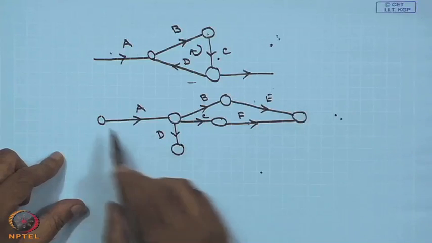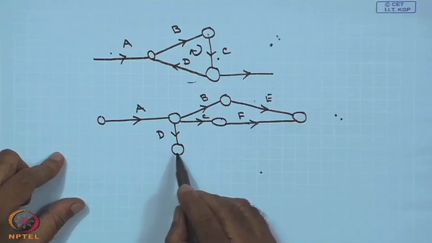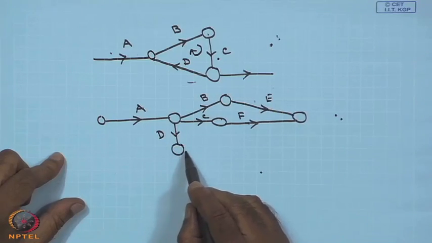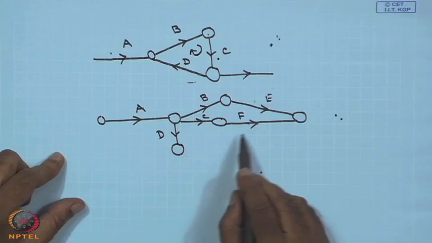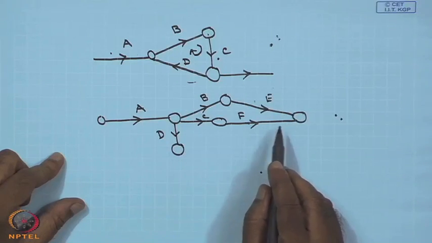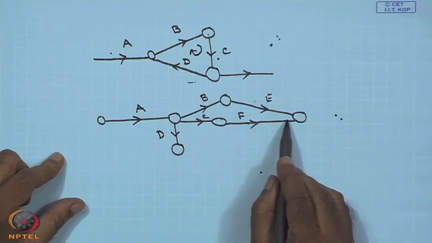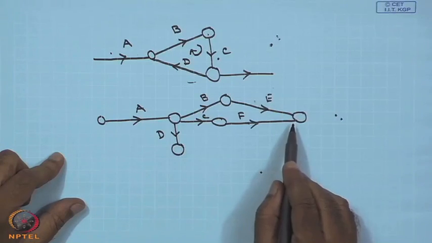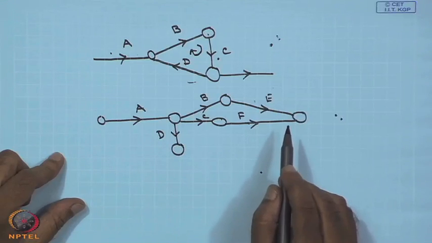In this network, this is the starting node, this is the ending node. If you see properly, you will find that this particular D is not connected with the ending, or in other words it has no successor. So, how can dangling be avoided?